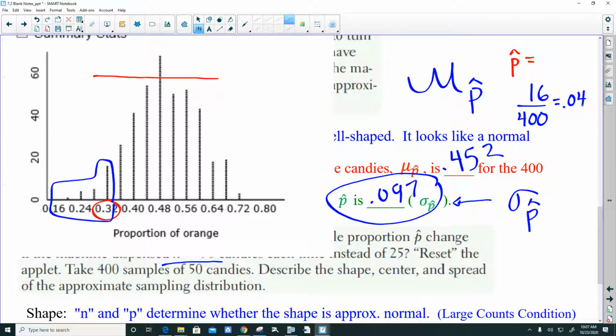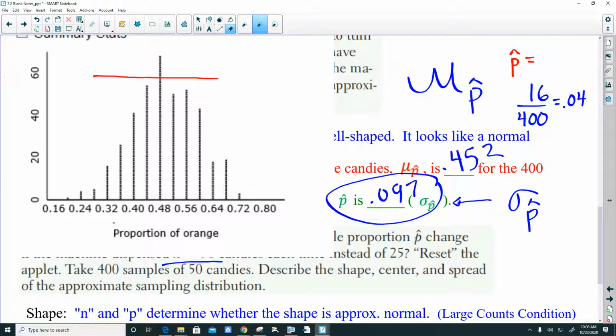So in this picture, it would be surprising that we would get a sample where the sample proportion of orange candies would be 32% or something smaller than that. Out of the 400 times we ran this simulation, it only happened 16 times that we got a sample proportion of 32% or less. So we would be very surprised if that happened because that's falling underneath our 5% benchmark.